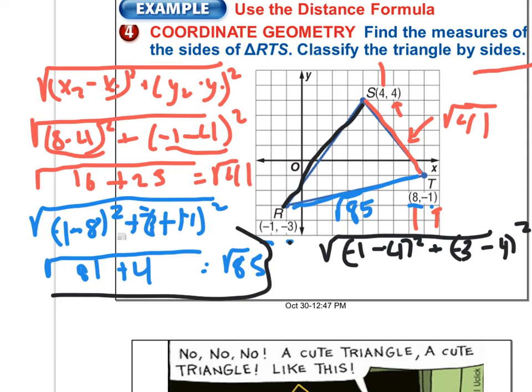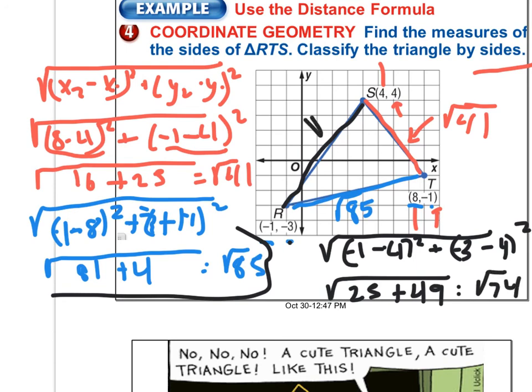So this is a negative 5. Negative 5 squared is 25. And this is negative 7. Negative 7 squared is 49. 25 plus 49 is 74. Square root of 74.